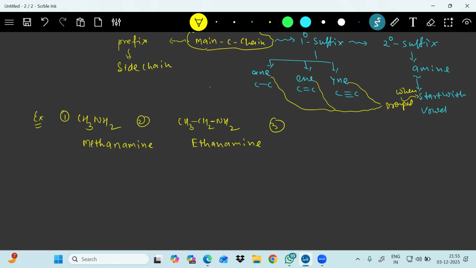If I am writing here CH3CH2CH2 and if there was a carbon in the side chain, then we'll take it as methyl, right? What is the IUPAC name of this compound now?